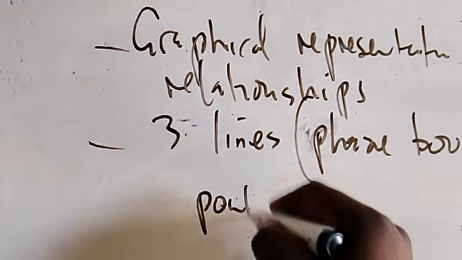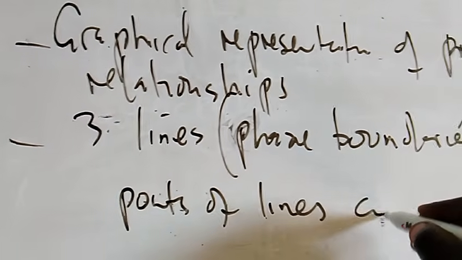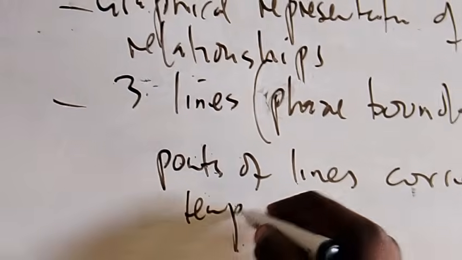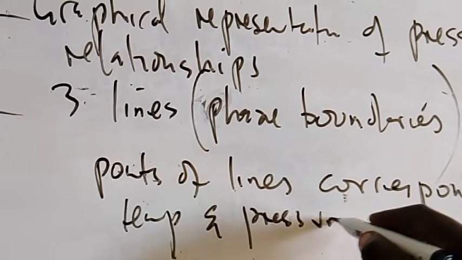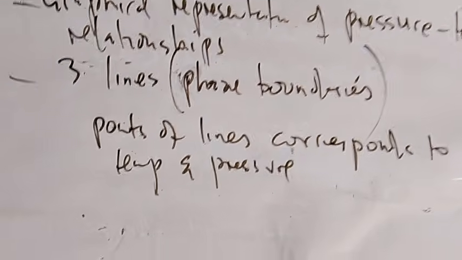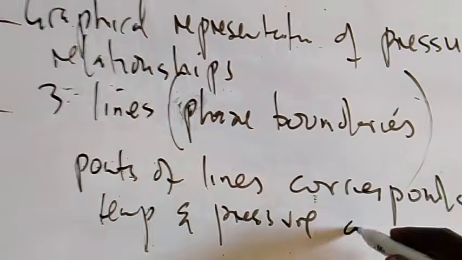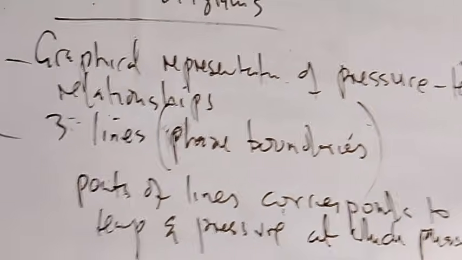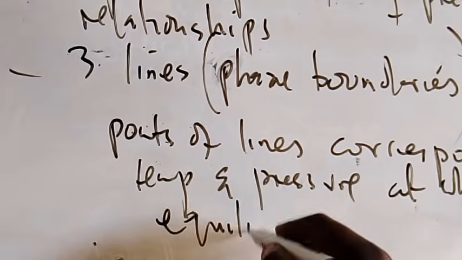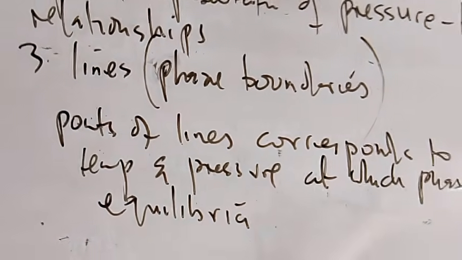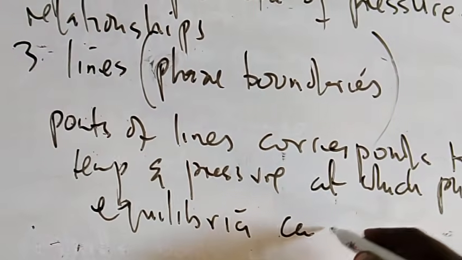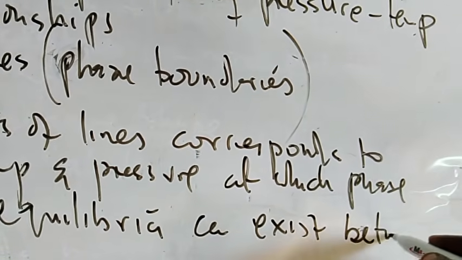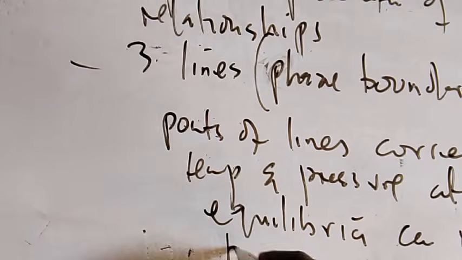Points on the lines correspond to the temperature and pressure at which phase equilibria can exist between phases.